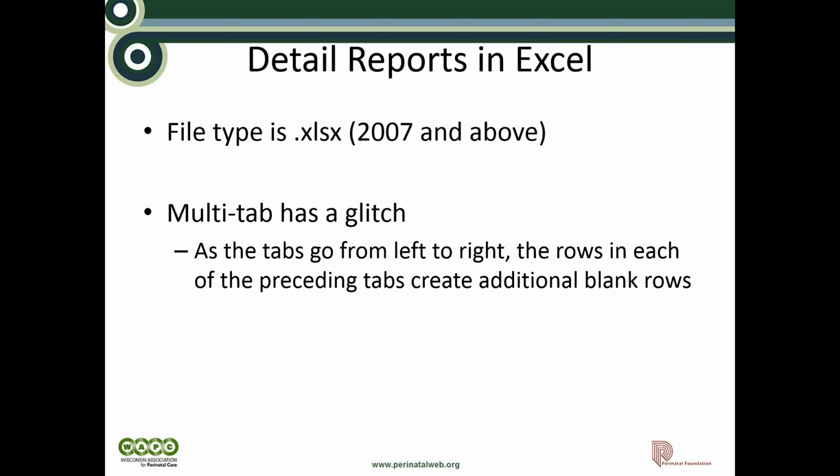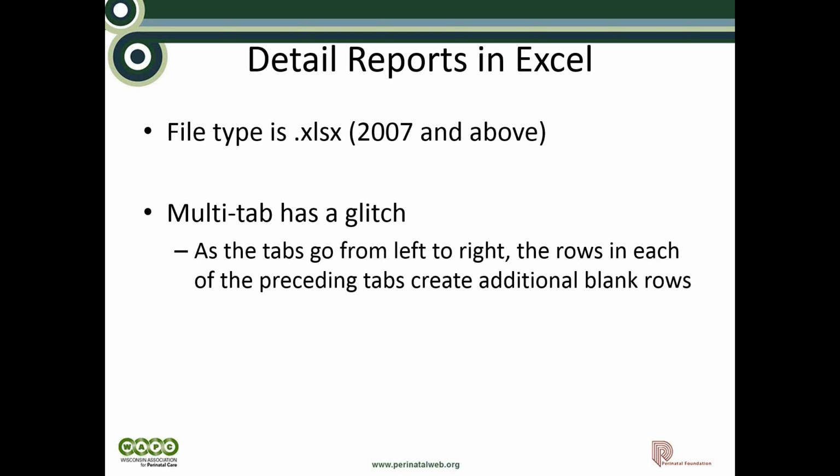The other thing I want to mention is that previously, in Discover, for some of the Excel reports you had an all-encompassing Excel file with many tabs. Because we're using an open source platform for Pentaho, there is a known glitch, or issue.